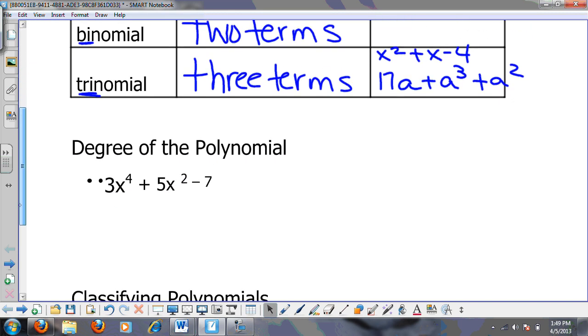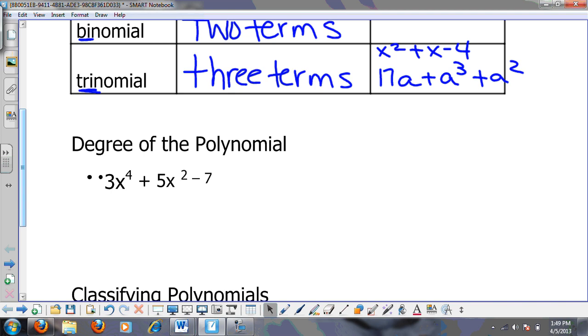Moving on to the degree of a polynomial. When you look at the degree of a polynomial, it is the same degree as the monomial with the greatest exponent. In other words, they're having the same variable part. Okay? So this particular item right here, is this a binomial, monomial, or trinomial?